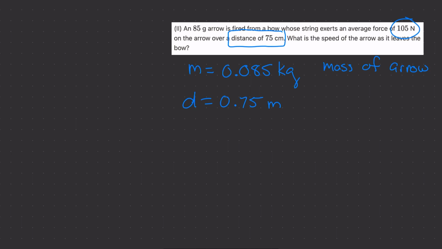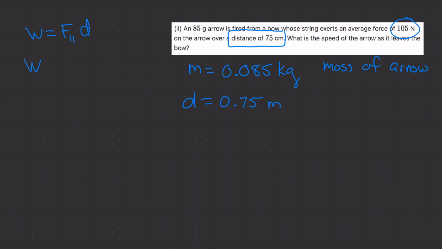So first off, reminding us of our quantitative definition for work, we have that work is equal to force parallel to an object's displacement times the displacement itself. And so we're going to assume that that 105 newtons is that parallel force being applied to the arrow. And then the 0.75 meters is going to be the displacement we're dealing with if we're trying to calculate how much work the bowstring did on the arrow. So let's actually calculate that really quick.